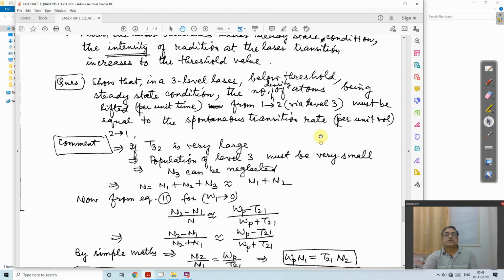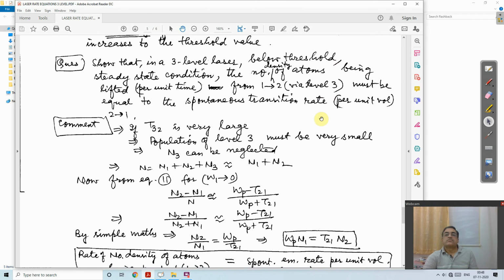Show that in a 3-level laser below threshold steady state condition, the number density of atoms being lifted per unit time from 1 to 2 via level 3 must be equal to the spontaneous transition rate per unit volume.